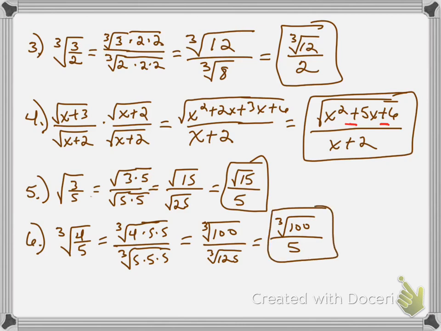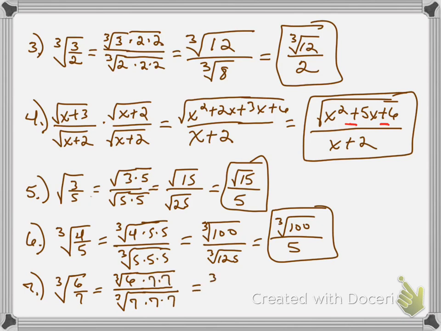Okay, one more. The cube root of 6 over 7, right? So we have the cube root of 6 over the cube root of 7. We're looking for 3, right? So we need 2 more 7s at the top. So we have the cube root, and I don't know what that is, but we're going to do it.